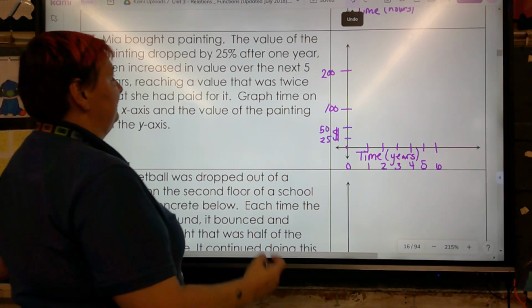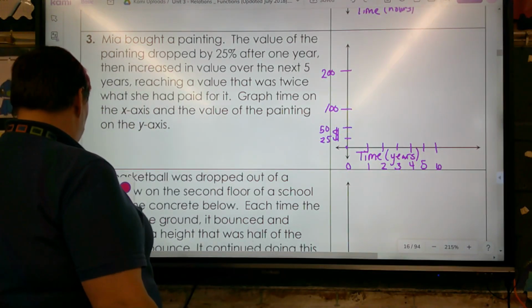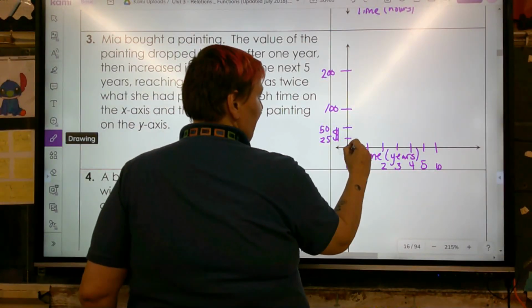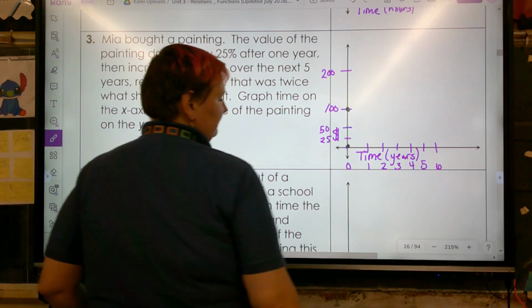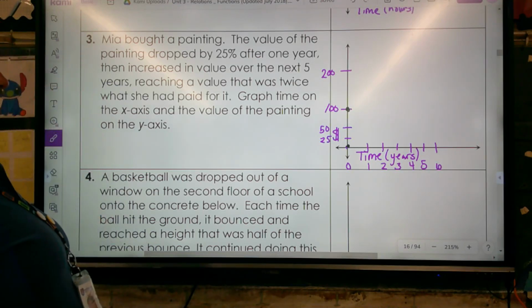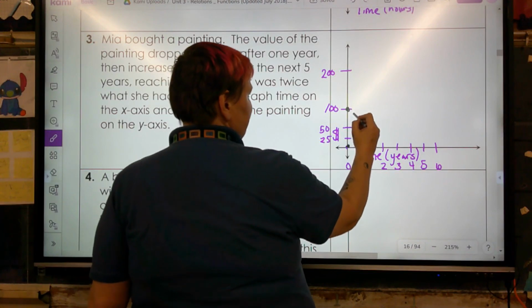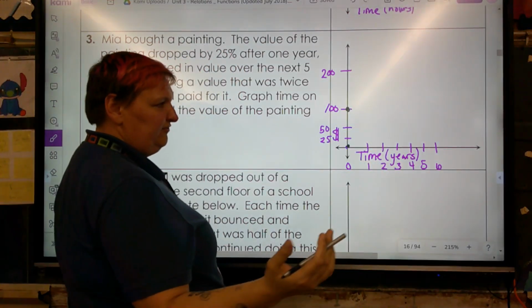All right, so let's graph it in a different color. This is where she bought it, at 0 years for $100. She paid $100. After 1 year, it dropped down 25%. 25% means that it lost $25.